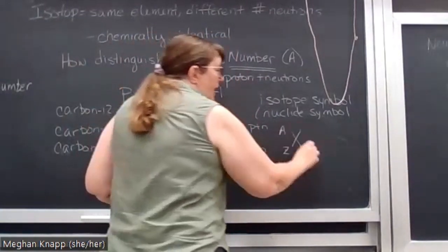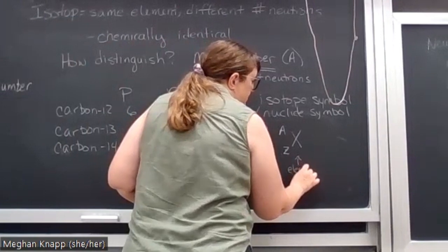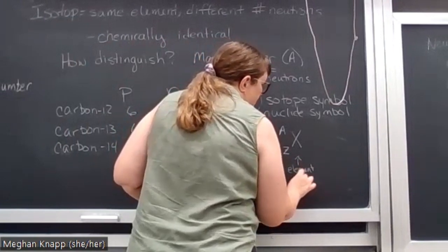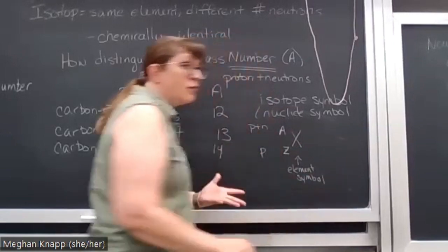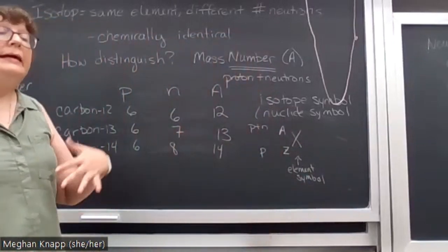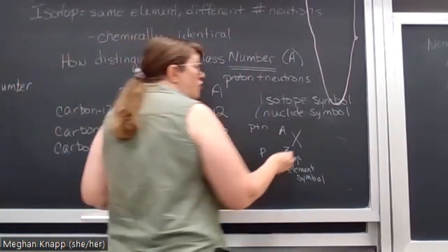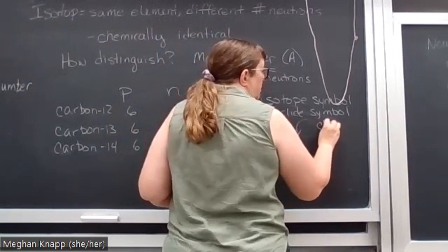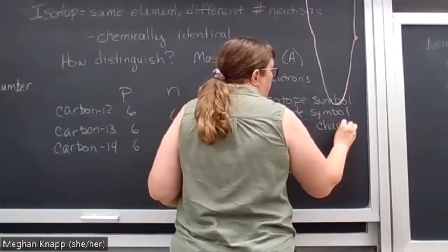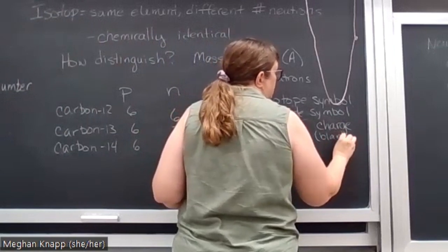And then X is just the element symbol. All right, so that's 3 parts. I said there were 4. If it is neutral, we just stop there. But if it has a charge, then we put the charge up here. So that will be the charge, but we leave it blank if it is neutral.